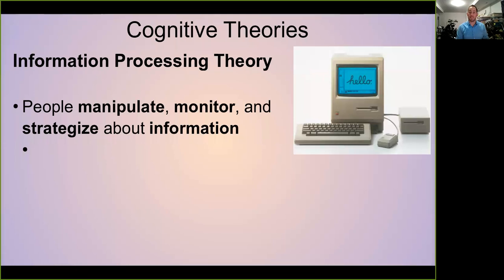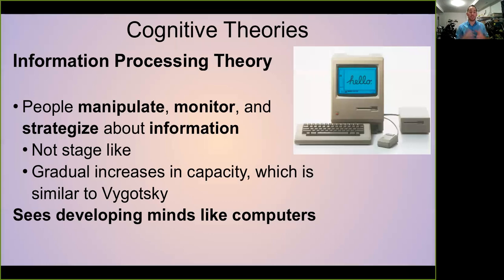Information processing theory kind of looked at computers and said, well, maybe the brain's working a lot like a computer. It's processing information, it's strategizing, it sees the mind kind of as a computer with gradual increases in capacity.